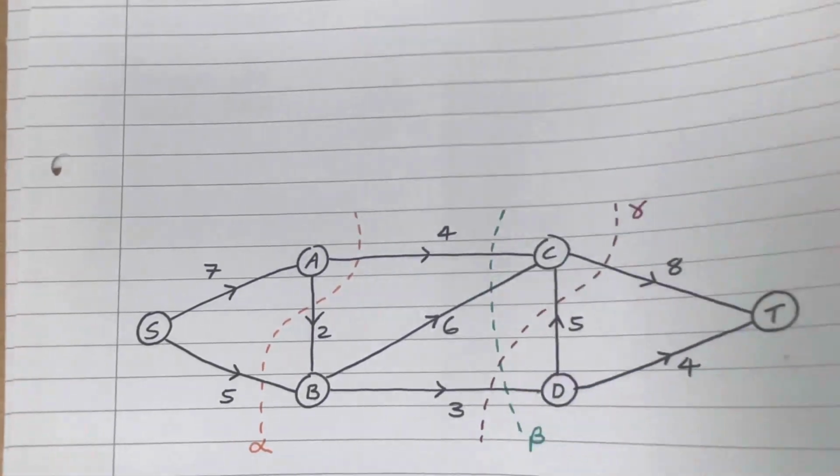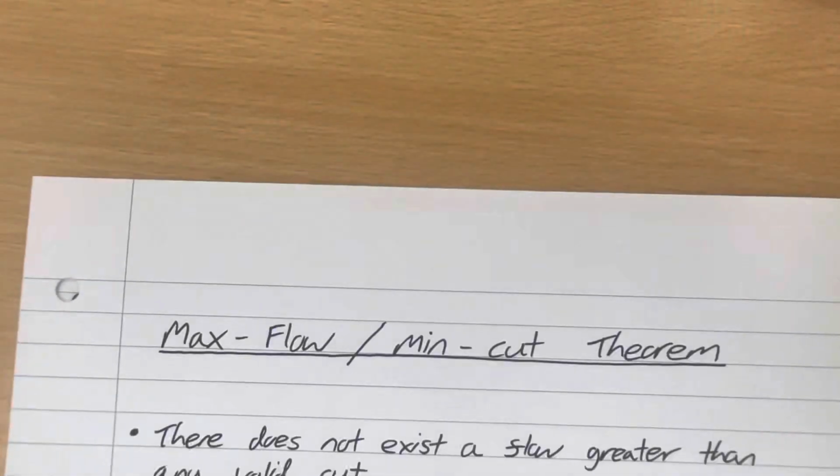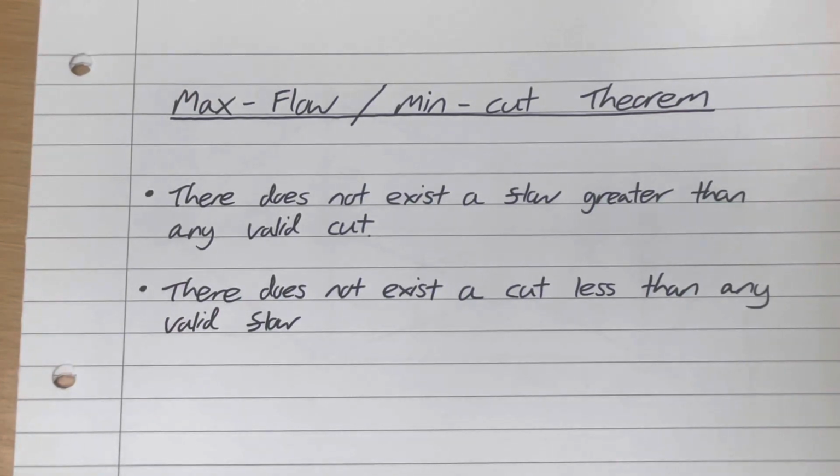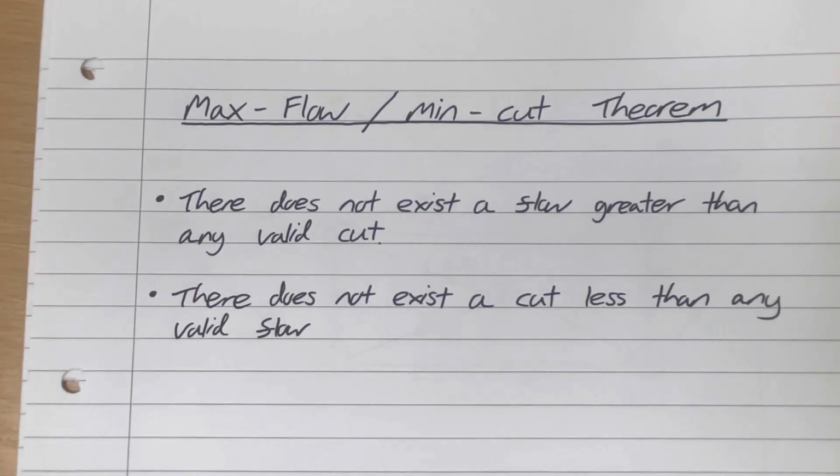Okay, so let's have a look at a theorem. This is called the max flow min cut theorem. You do not need to be able to prove it. You do not need to know the proof of it. You just need to know that it is true, and you need to use the max flow min cut theorem to justify a maximum flow through a network.